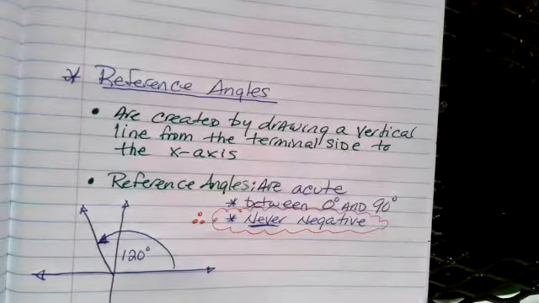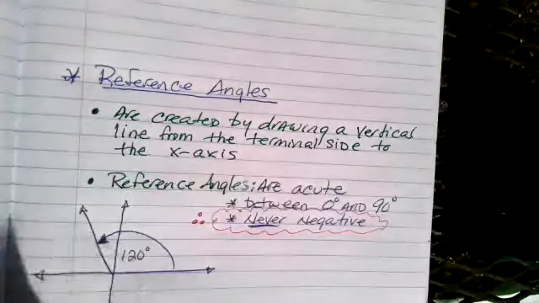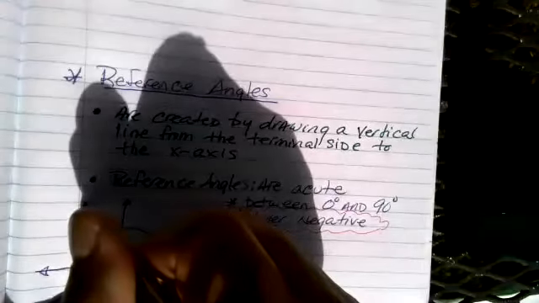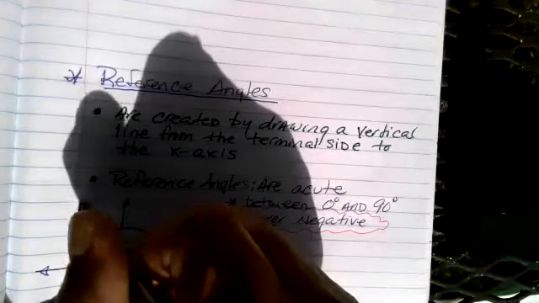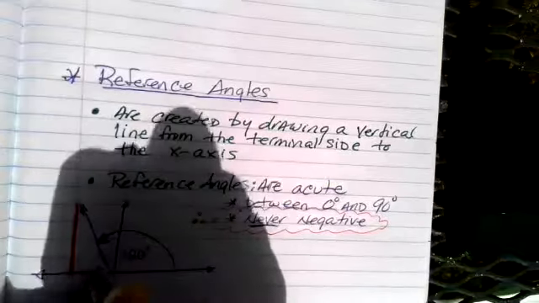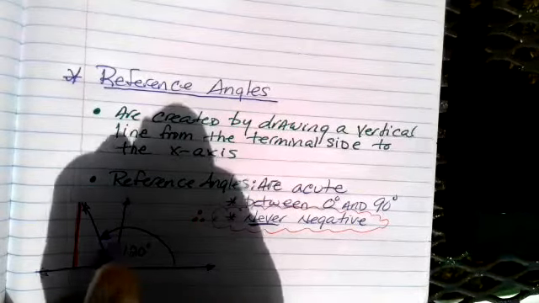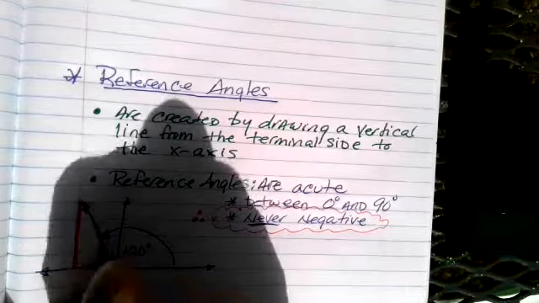So given the angle 120 degrees, if I wanted to create a reference angle, or sometimes called a reference triangle, we would draw a vertical line. This works out kind of good because we have this red line here. This is theta, so this is my terminal side of theta.